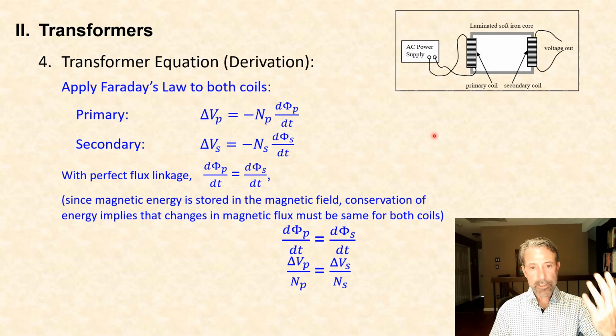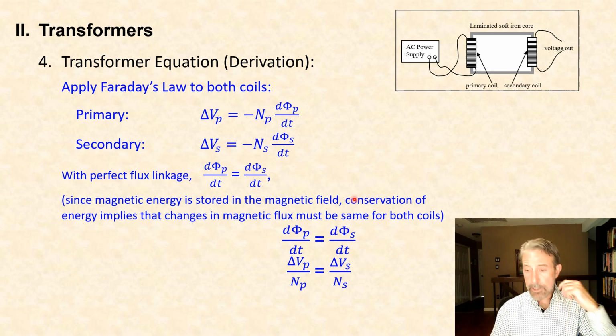The time rate of change of magnetic flux in the primary coil is equal to this ratio of voltage in the primary coil divided by the number of turns in the primary coil. And similarly for the secondary coil, the time rate of change of magnetic flux there is exactly equal to this ratio of voltage induced in the secondary coil divided by the number of turns in the secondary coil.